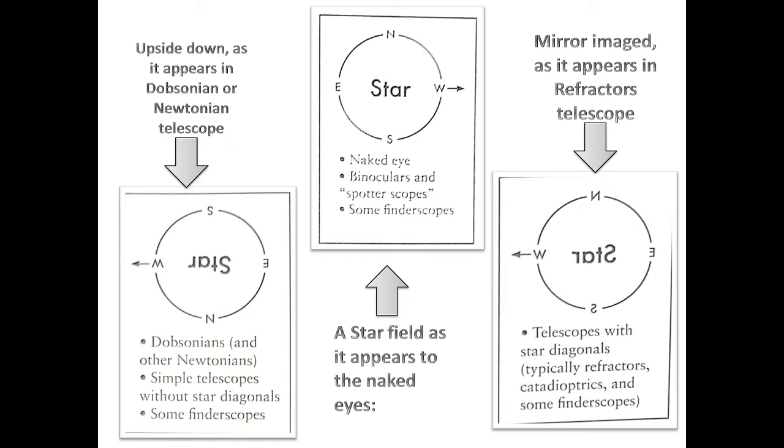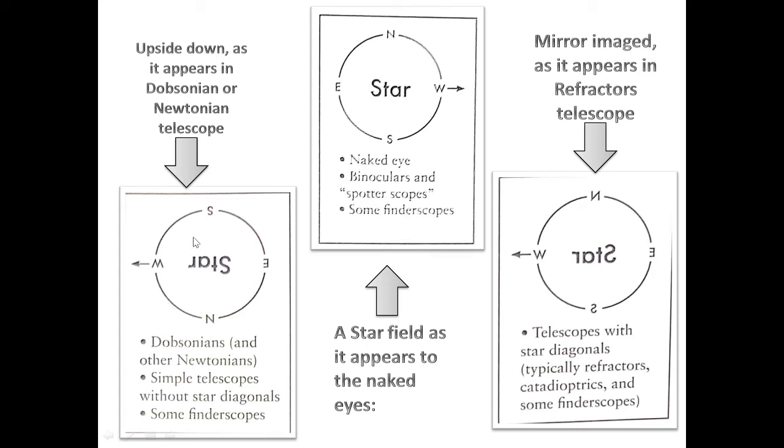The star field as it appears to the naked eye is shown in your diagram. And the Newtonian or Dobsonian telescope will show it like this. You can see it's a mirror image, with north and south reversed and east and west reversed.